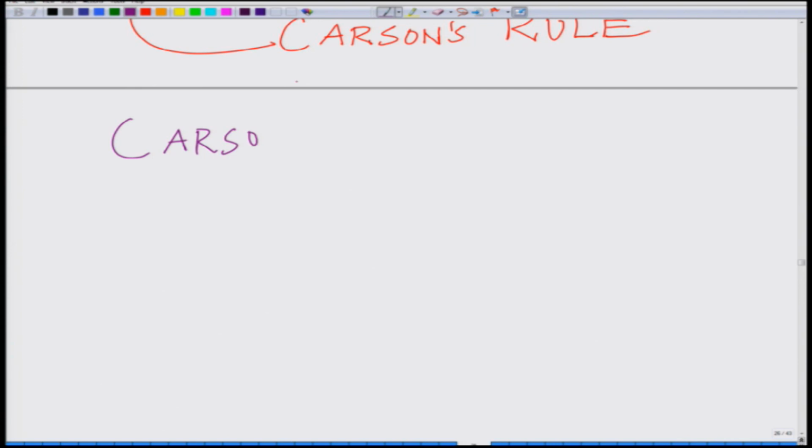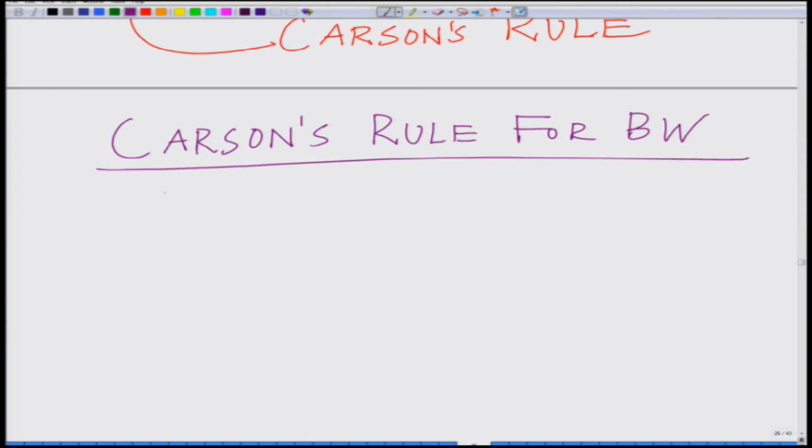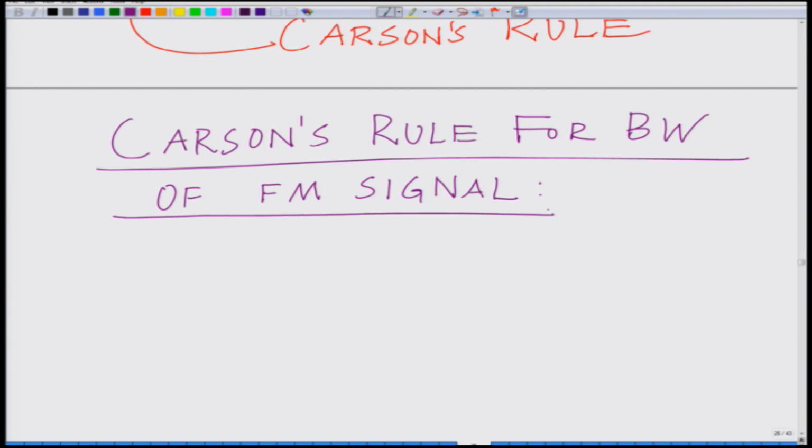So, now let us look at Carson's rule to compute the bandwidth of the FM signal. Carson's rule for the bandwidth of an FM signal.